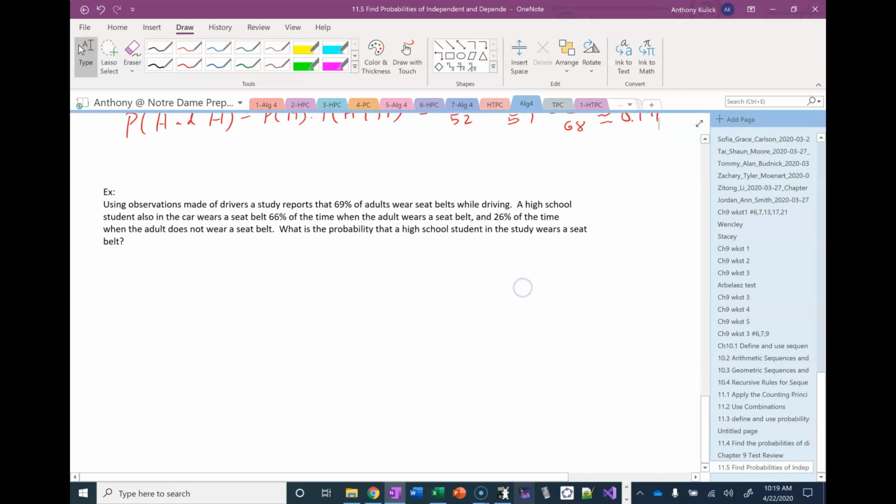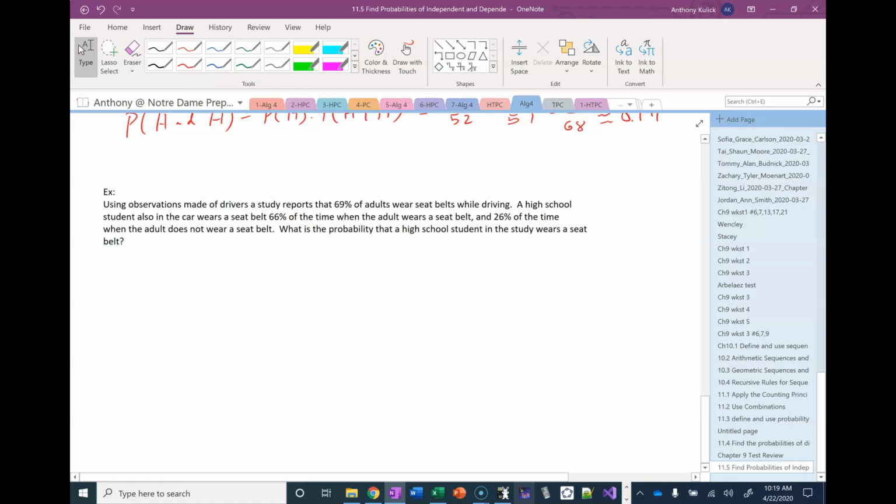And here's our last example, and this one is probably the most complicated. Let's read it first, and we'll talk about how I'm going to go about doing this. So it says, using observations made of drivers, a study reports that 69% of adults wear seatbelts while driving.